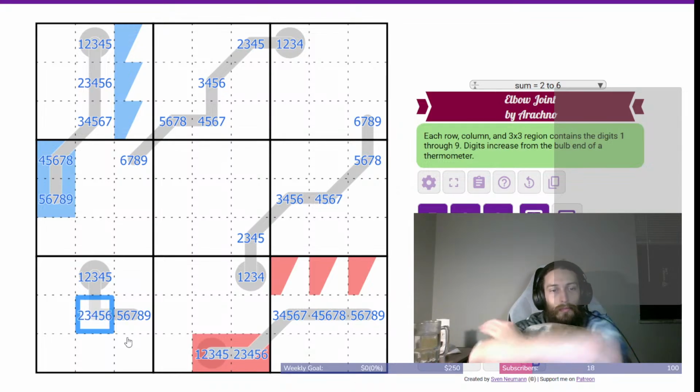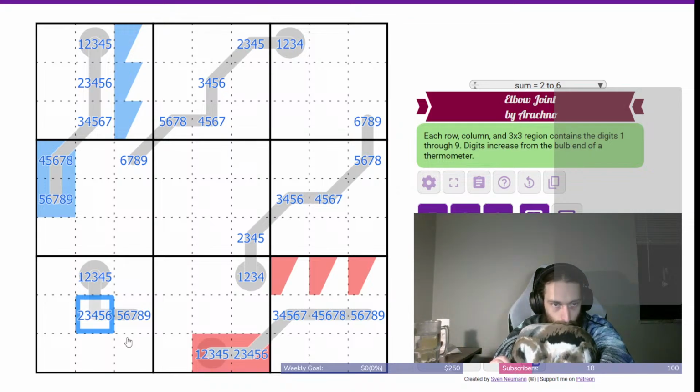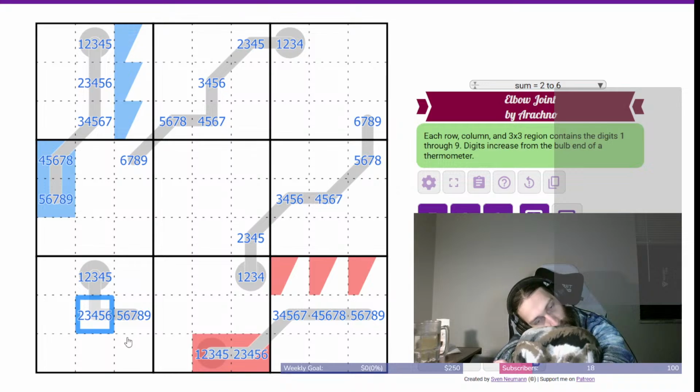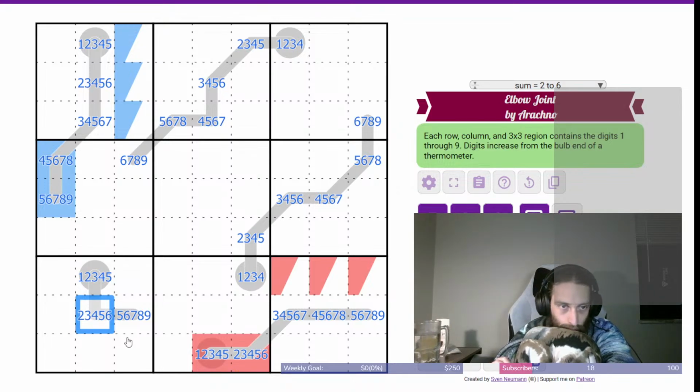Right. And the elbow could be in both blue and red or neither. Yeah, which is not helpful, really.